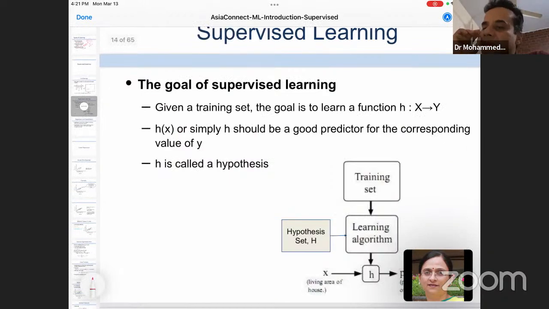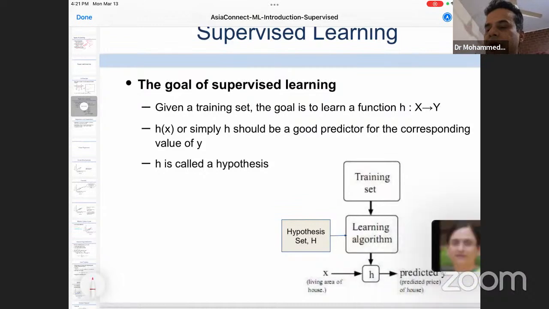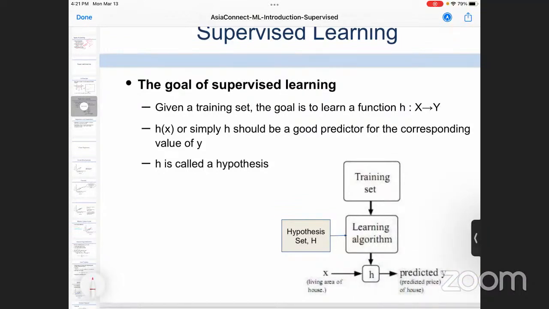So what is the goal? I think this slide is important here. Here you are given a training set. We have seen in the last slide, the training set is X, Y pairs. X is the input, Y is the output. The input can be very long, not only this living area, it can be like the area of the house, or it can be the location of the house.